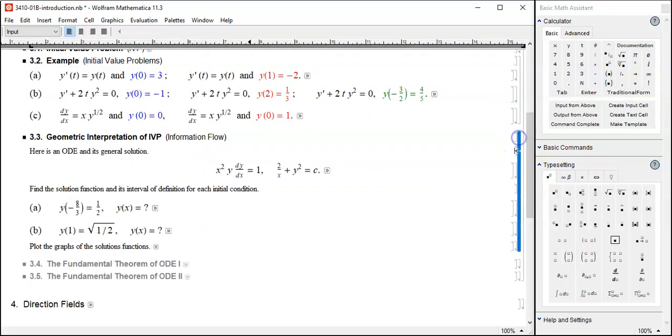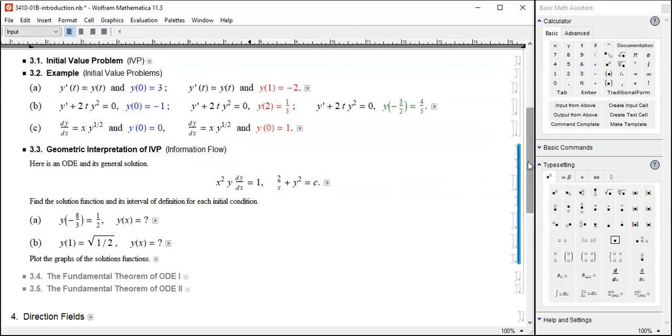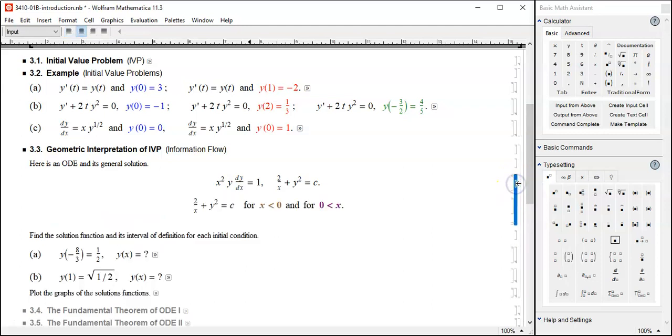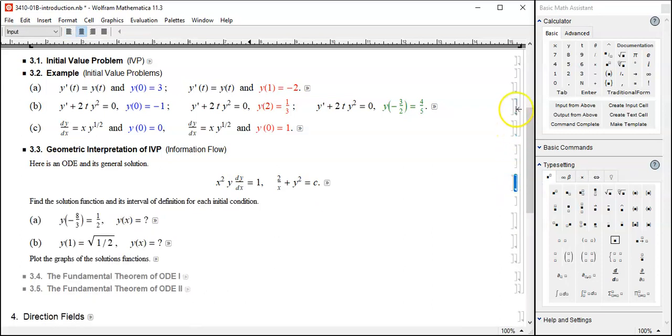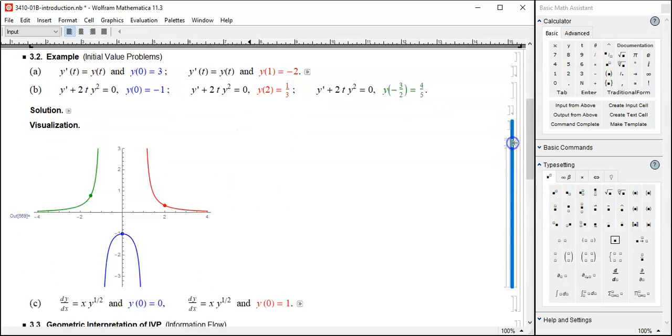Information flow. So we can consider solutions of an initial value problem as an information flow that originates from the initial condition. Let's go back to the previous example. Here's the initial condition, and the information flow as t gets larger and larger goes up, up, up.